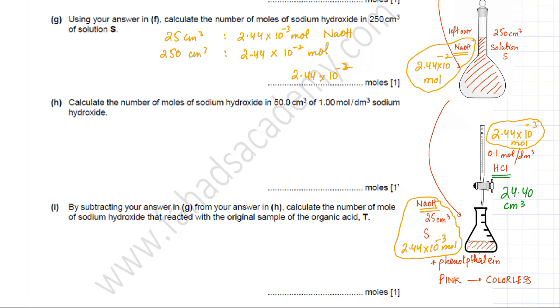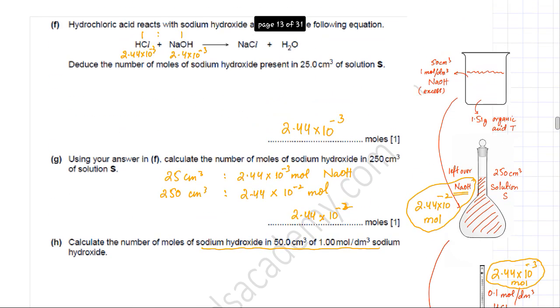In the next part, part H, you're asked to calculate the number of moles of NaOH, sodium hydroxide, in 50 cm cube of 1 mole per dm cube sodium hydroxide. So we are asked to find the moles. You're given the volume and the concentration. This is the NaOH that was added originally to this beaker over here.